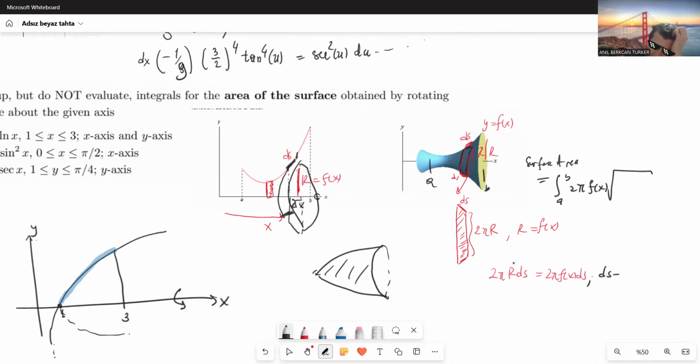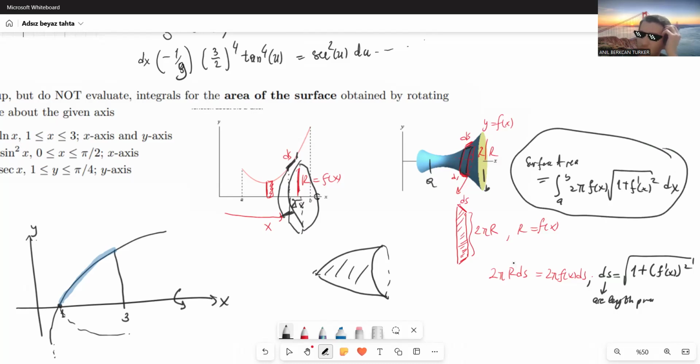We have already calculated ds in the arc length. This is arc length, by the way. It is the square root of 1 plus f prime of x squared dx. So this is the surface area formula.